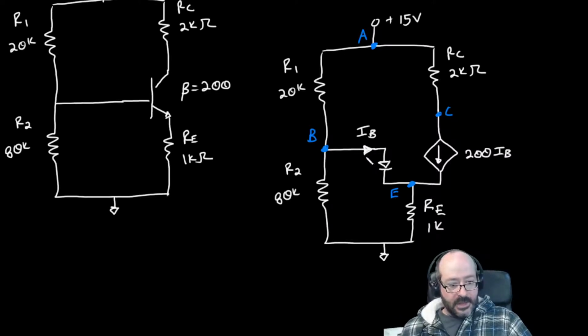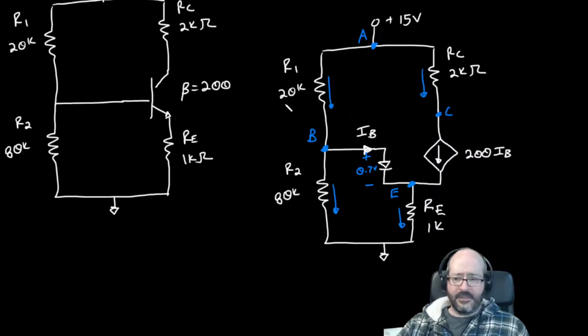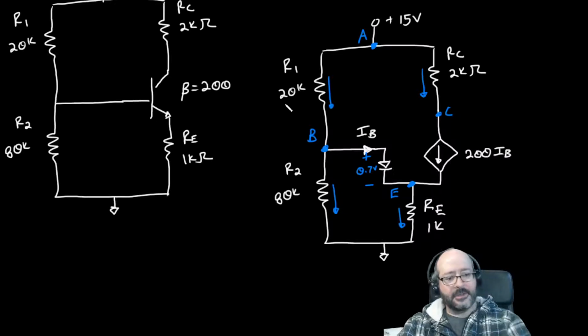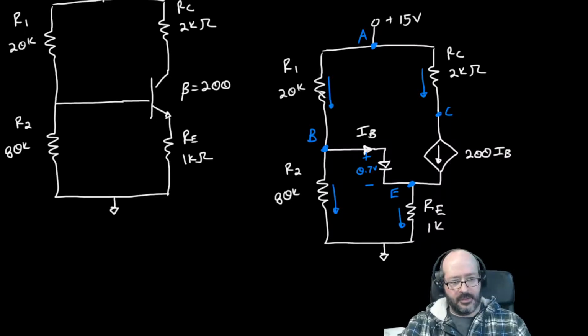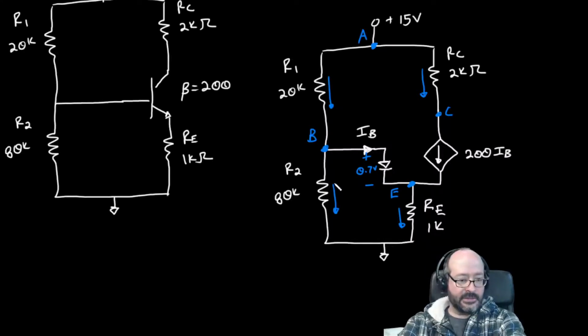All right, we're also going to make the assumption here that if we're in the active region, this is going to be a forward biased PN junction, so that's 0.7 volts. And then let's get some currents here. That just look like this. Now, when I was taught this, and when I've seen others teach it, and I look at the textbooks, they go through a whole rigmarole about, well, we've got to Thevenize around the transistor and figure that out to reduce these two to a Thevenin equivalent circuit.